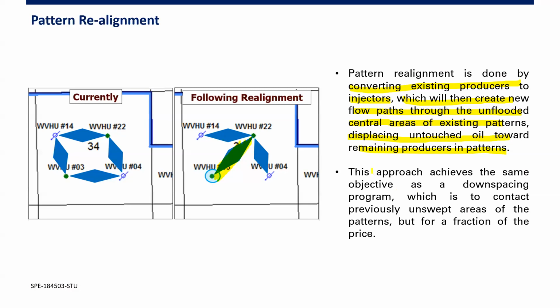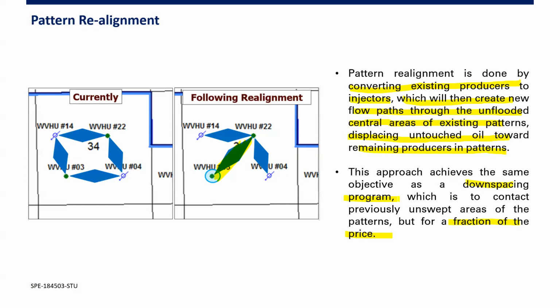And lastly, this approach achieves the same objective as a downspacing program, which is to contact previously unswept areas of the patterns, but for a fraction of the price. Okay, so they make a distinction. Pattern realignment is only by conversion, and downspacing is by adding more wells, conducting infill drilling.